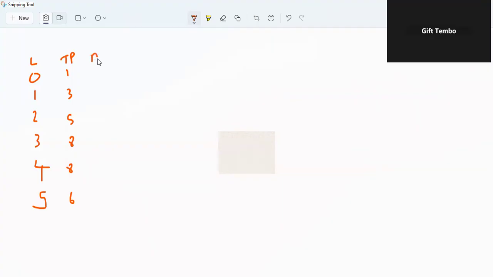Okay, how do you find the average product of labor? Do you remember? We divide the total product of labor over the labor units.